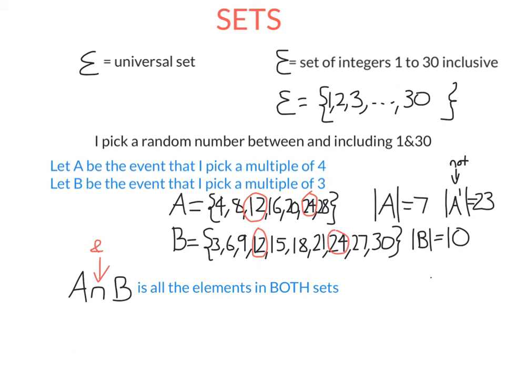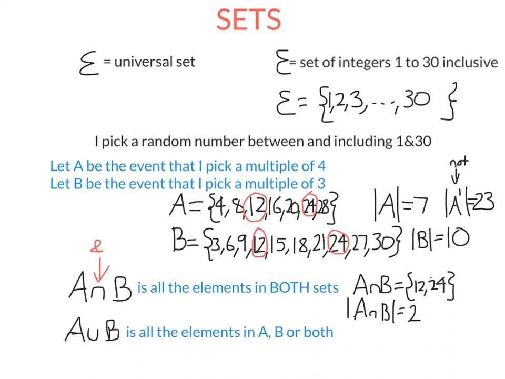So A and B is the set, that's why I'm using the squiggly brackets, containing just 12 and 24, because these are the two numbers in both. Once again, I don't include a number like 15, because it's only in one of them. Of course, if I wrote the number in A and B, that would just be 2, because there are only 2 elements in this set.